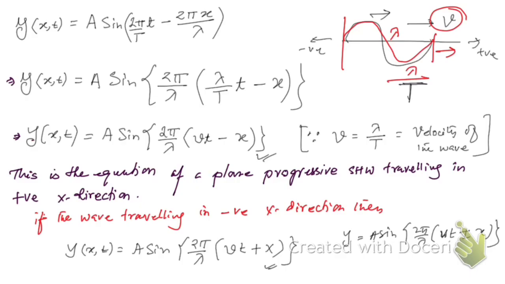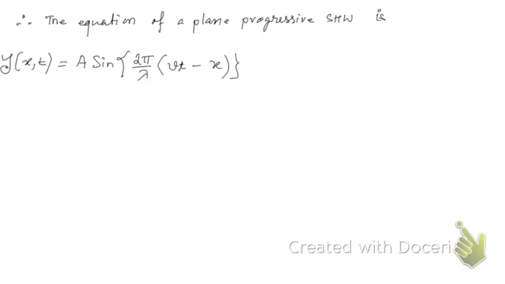So now you see what we can do. Therefore the equation of a plane progressive simple harmonic wave is given by this.